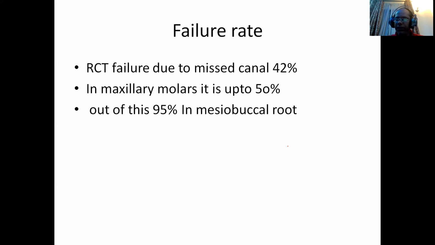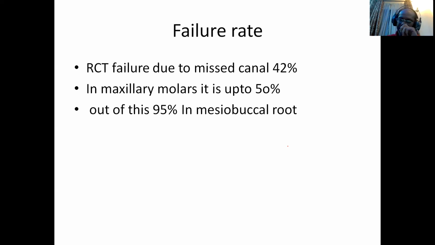The same goes for the distal root; in terms of anatomy it is not so difficult. But in the mesobuccal root you can see much curvature; mesobuccal roots are usually curved.